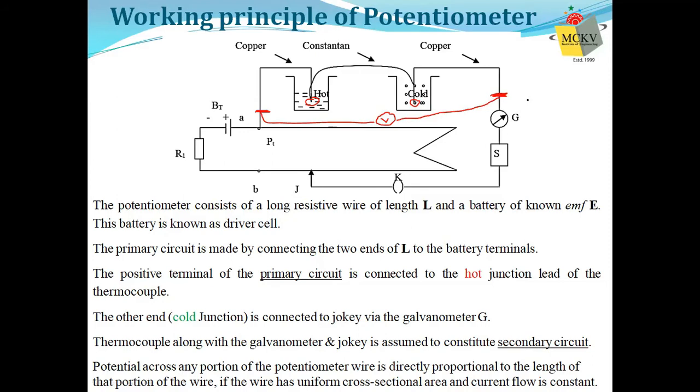The idea of the experiment is to find out the EMF developed across the thermocouple. I could have simply connected a voltmeter across this thermocouple and easily measured the voltage difference or the EMF. But instead, I have used a very complicated circuit with a potentiometer, a battery, resistances, and galvanometers.